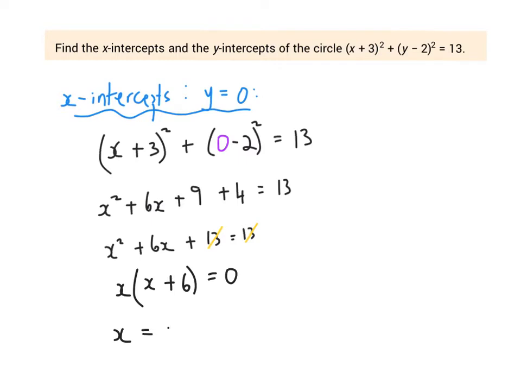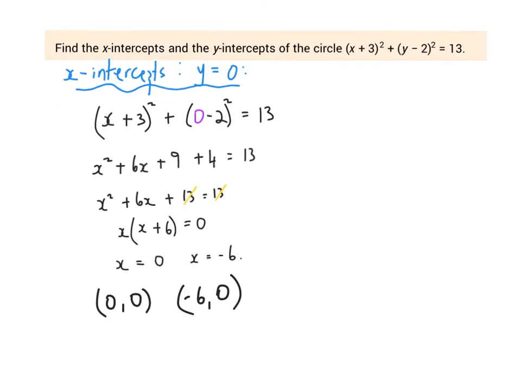So x is equal to 0, or x is equal to minus 6. Which means we now have 2 points on our circle, (0, 0) and (minus 6, 0), being the coordinates of the x-intercepts.